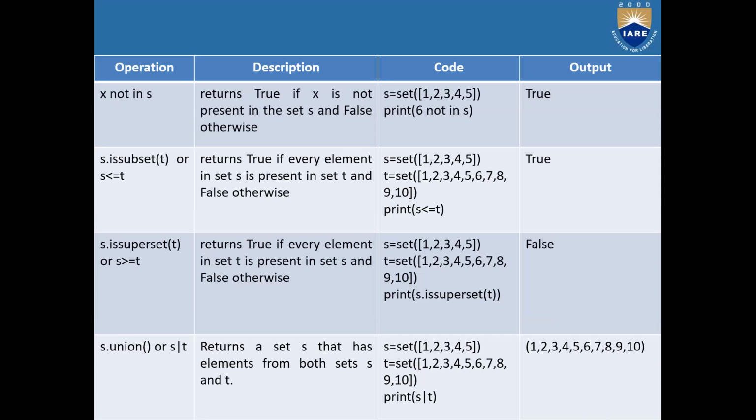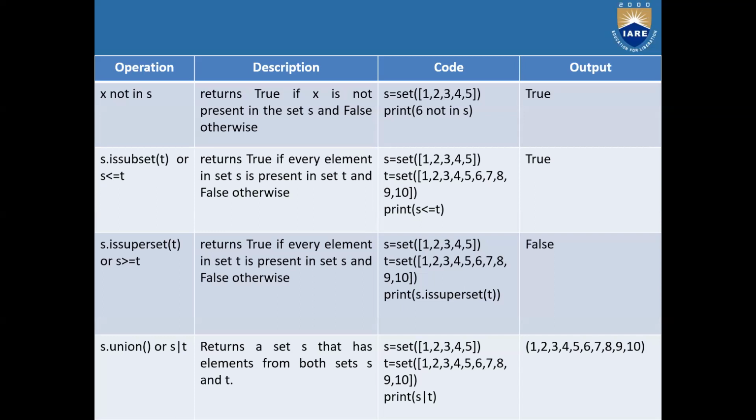Every element which is present in T is present in S. No, ma'am. So it will return a false statement. If every element of T is present in set S, then it will return a true value.